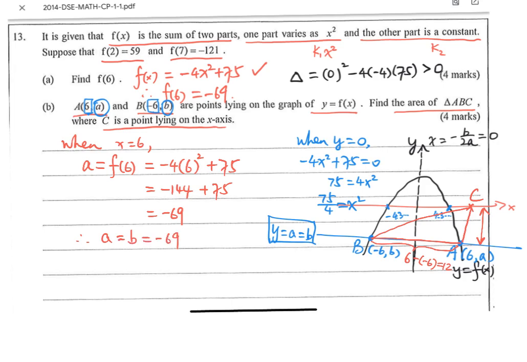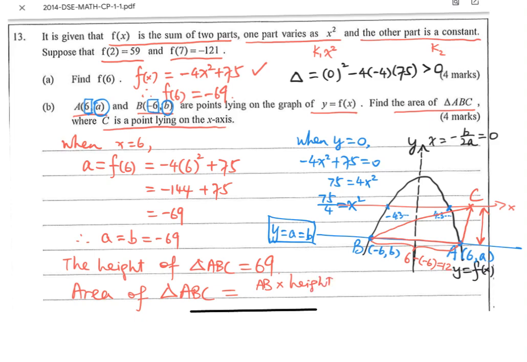So the distance between the x-axis and the straight line y equal to -69 is 69. So I just write down the height of the triangle. The height of triangle ABC just equals 69. Okay, so the area of triangle ABC equals base times height divided by 2.